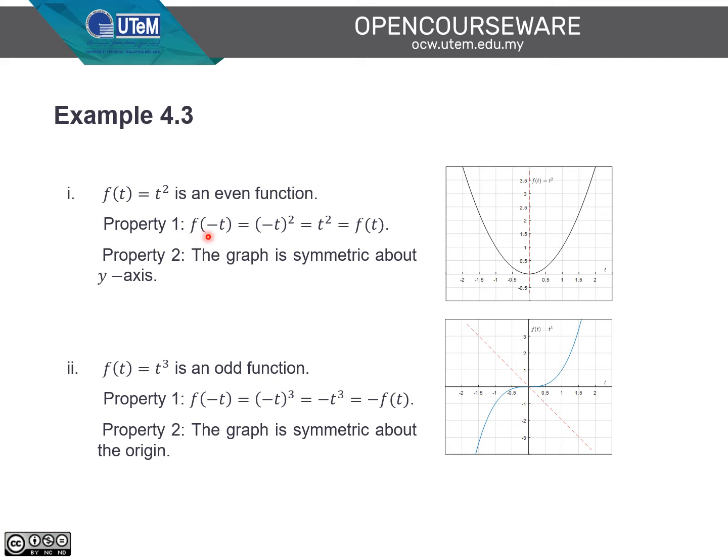The first property: when we substitute -t into the function f(t), (-t) squared is equal to t squared, which equals the function f(t). For property 2, when we plot the graph of f(t) equals t squared, we can see that the graph is symmetric about the y-axis.